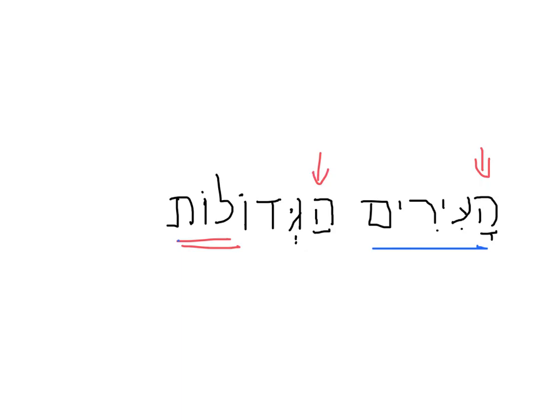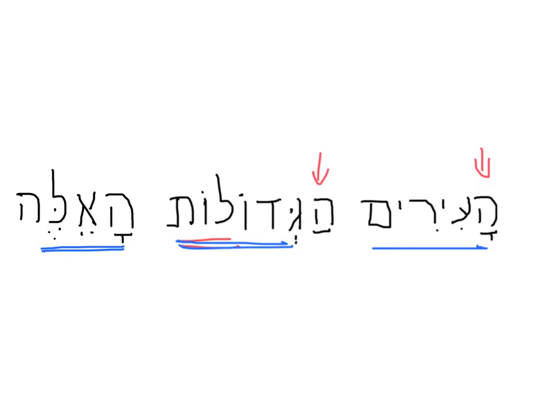Feminine noun, feminine adjective. And then I'm going to add a demonstrative to this, and I'll use the near demonstrative. So here we have ha-ele. So again, notice that the demonstrative is for masculine or feminine.